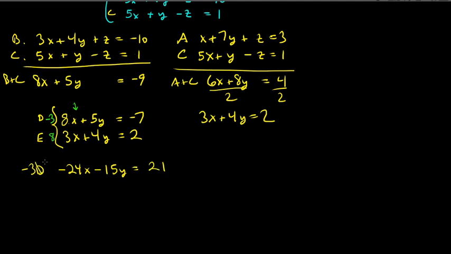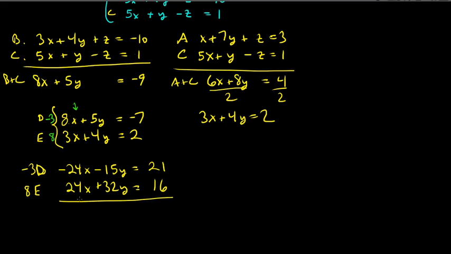It's supposed to be a D here. And then 8 times E is going to be positive 24x plus 32y equals 8 times 2, which is 16. Right. And that was by design.